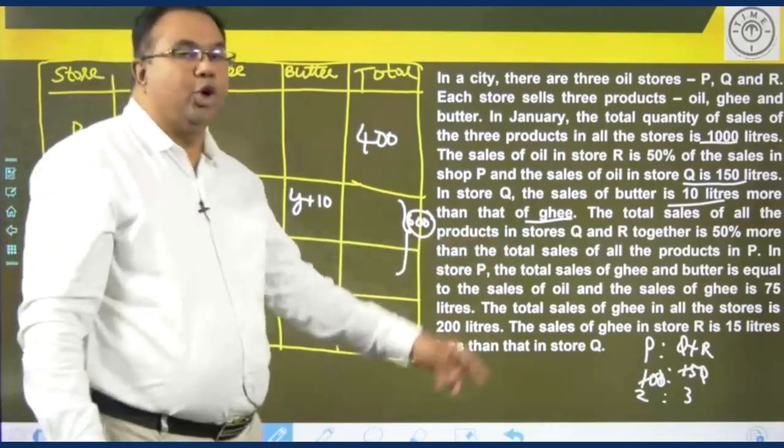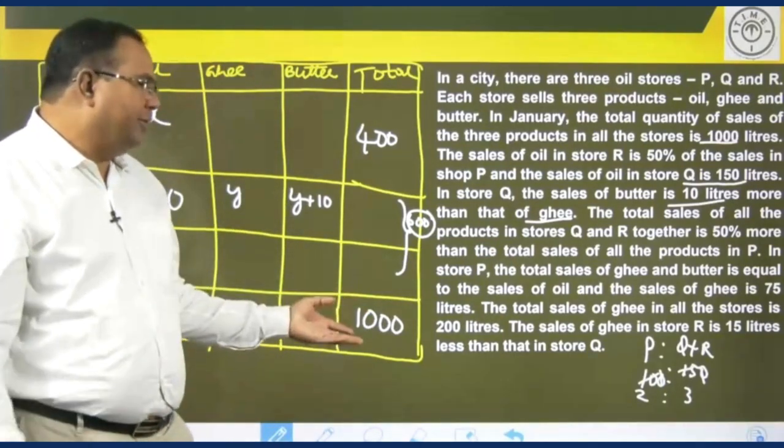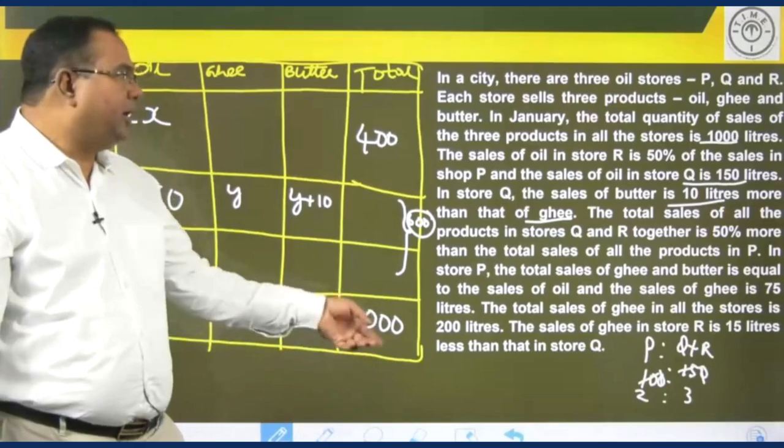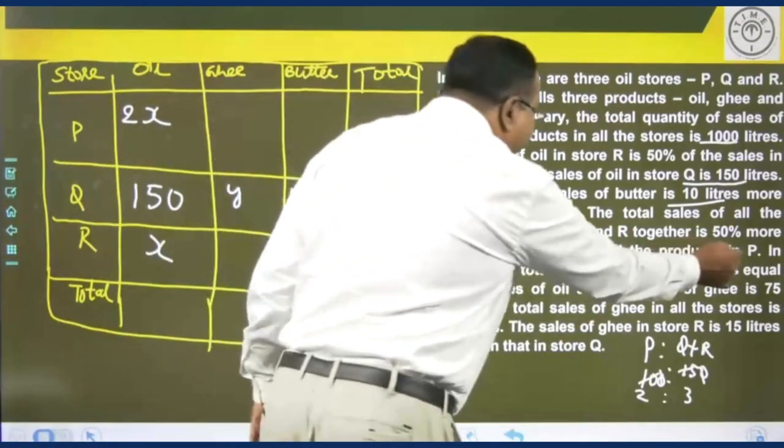Because P is to Q plus R, it is 50% more, it is in the ratio of 2 is to 3. So, 2 by 5 you can write, or 5 parts 1000 means each part 200. So, P is 400, this is 600. Okay. This is completed up to here.